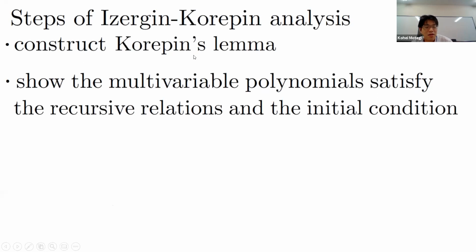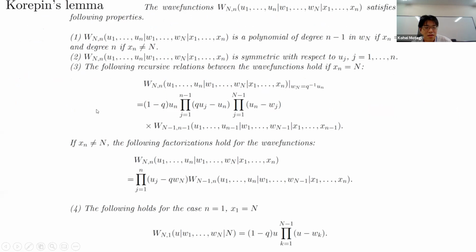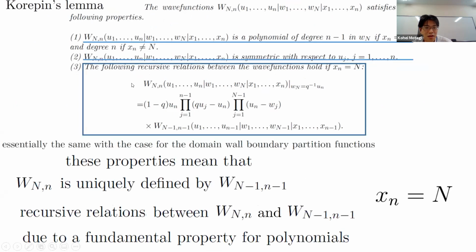So now I will explain Korepin's lemma. Korepin's lemma is a list of the properties which this partition function satisfies. And there are 4 properties, and it looks a little bit complicated, but let's see in detail. Let's first see these 3 properties.